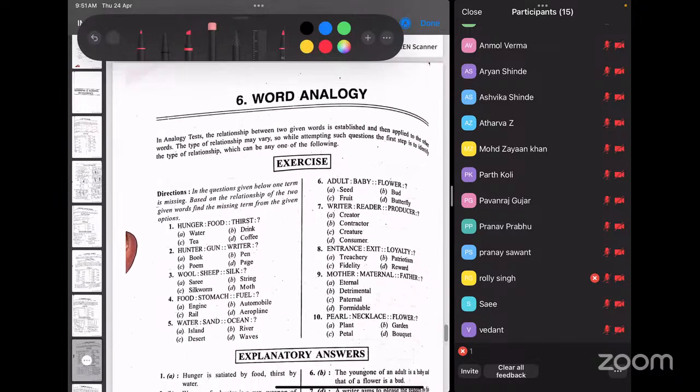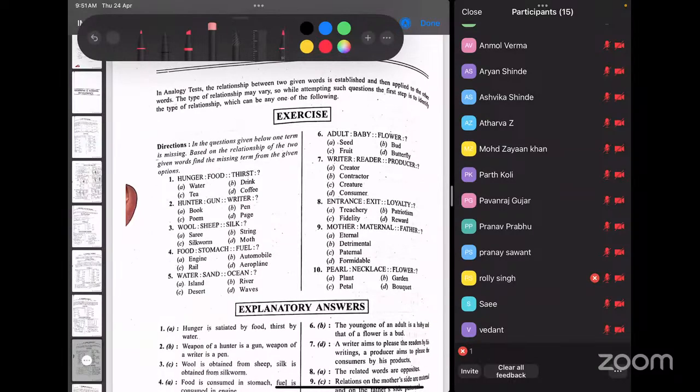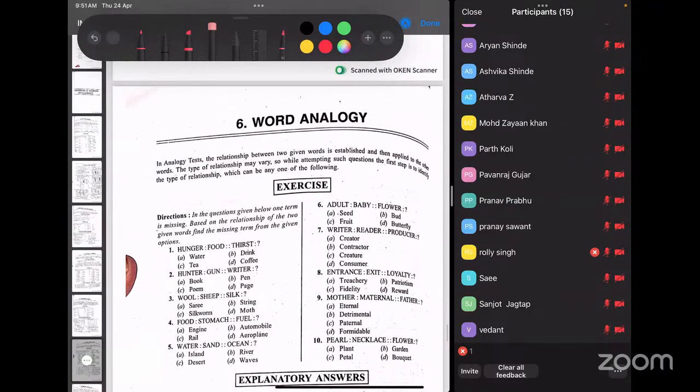Next, word analogy. It is very easy. You just have to select the relation between two given words. If hunger is to food, then thirst will be to what? Water. Hunter is to gun.